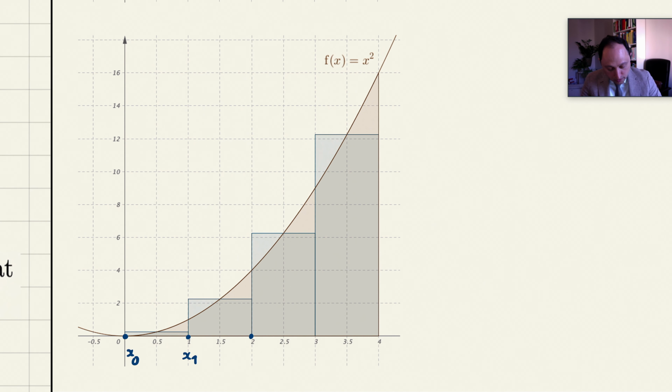The next point I call x2, the next point x3, and the next point x4. This is just a coincidence that when this is 4, this is also 4. The reason that I have from x node to x4 is because I have partitioned my interval into 4 equal pieces. But now if I ask you what is delta x, each one of these is delta x. Delta x is smaller.